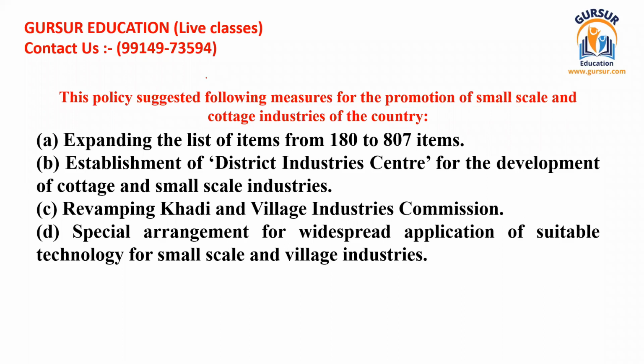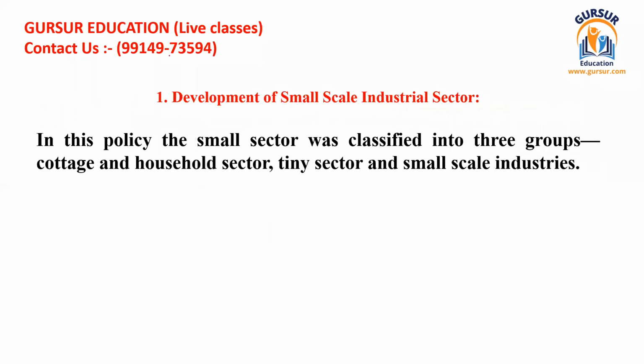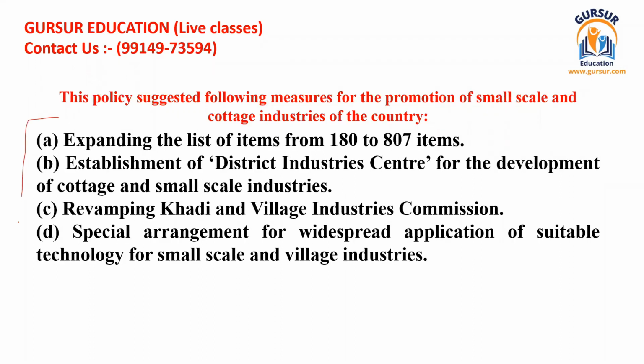This policy suggested the following measures for the small scale and cottage industries of the country. This was the first objective, that development of the small scale industrial sector should be there. So how shall this happen? They suggested that these things should be done for small scale and cottage industries so that they can be developed further. Without going into extreme detail, I am just going to share some points.